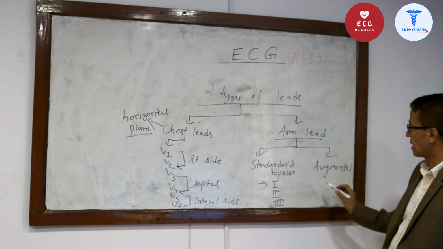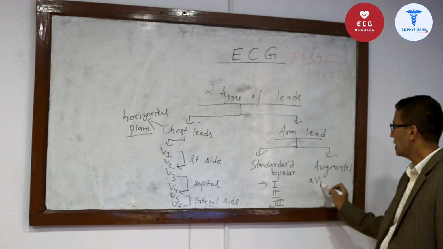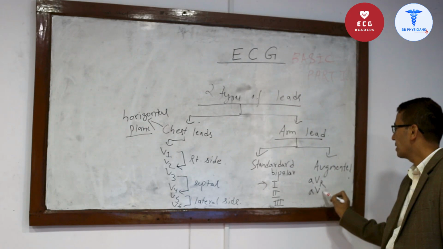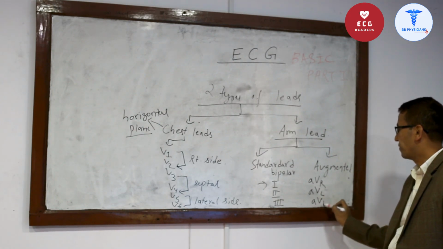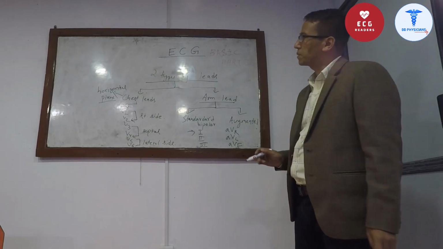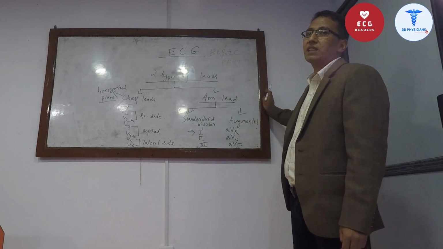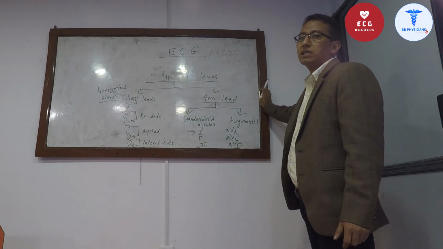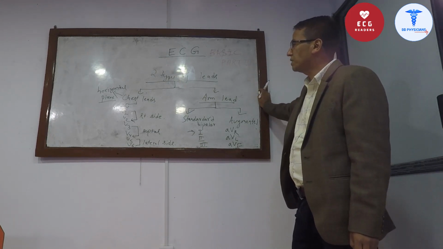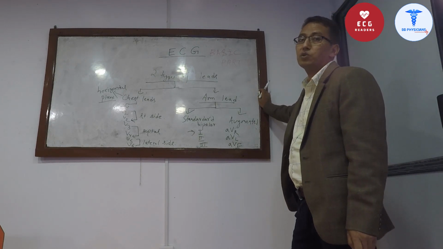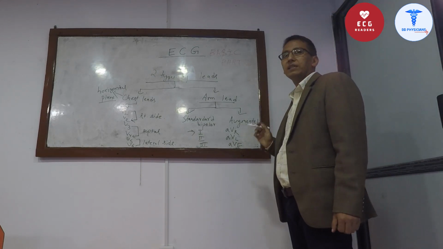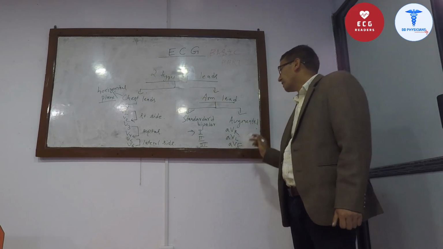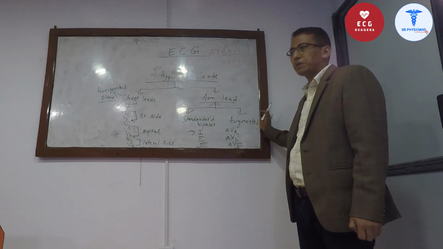And augmented leads are AVR, AVL and AVF, where A stands for augmented. So two types of leads are used for recording the electrical activity of the heart: chest leads and arm leads. Chest leads V1 to V6, and arm leads, standard bipolar leads and augmented leads.